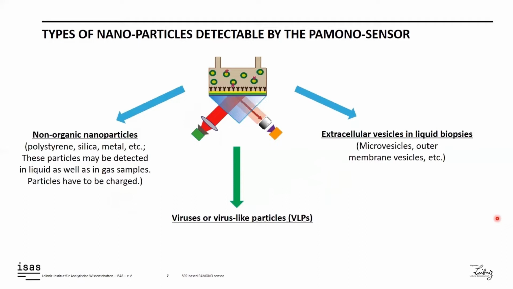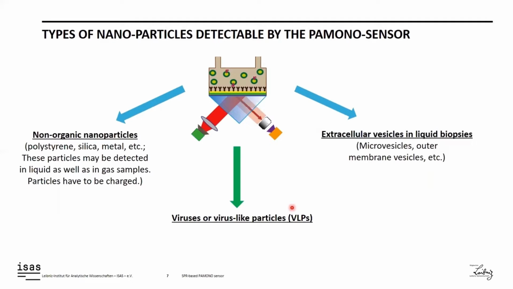We only need to keep in mind that particles are supposed to be charged. Among biological particles, we already worked with microvesicles, so with a group of extracellular vesicles, and with those particles which are especially important for us, viruses and virus-like particles.